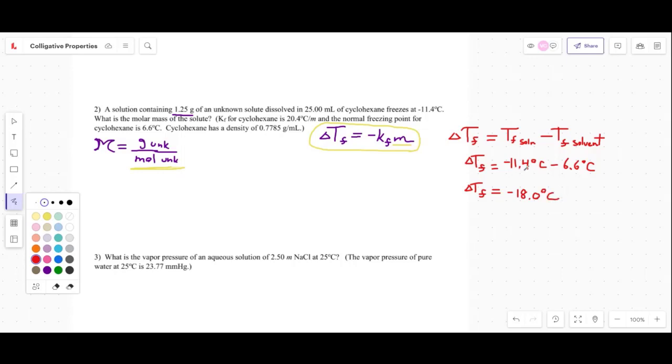Remember, we're adding and subtracting. It goes by the number of decimal places, or the place value of the largest uncertainty, however you want to look at it. And the tenth place, so my answer stops in the tenth place. Negative 18.0 degrees Celsius. So then I can take my negative 18.0 degrees Celsius and pop it back into here.